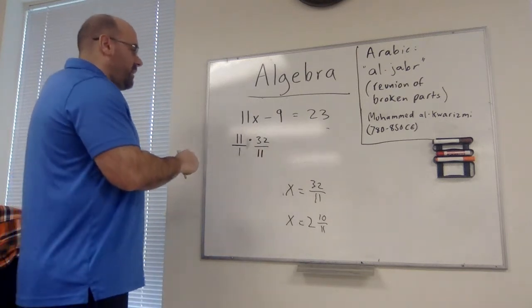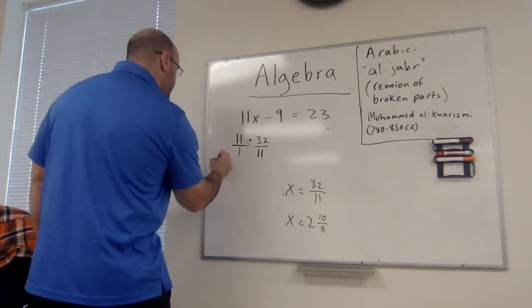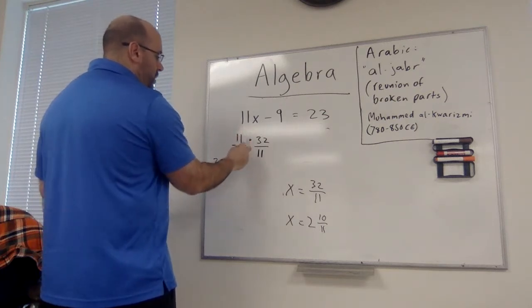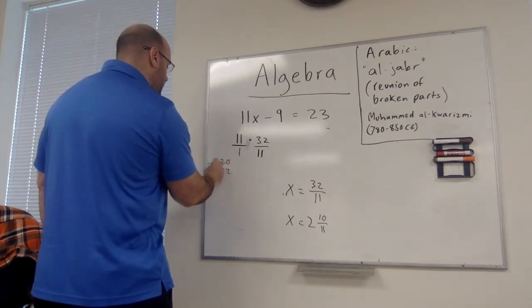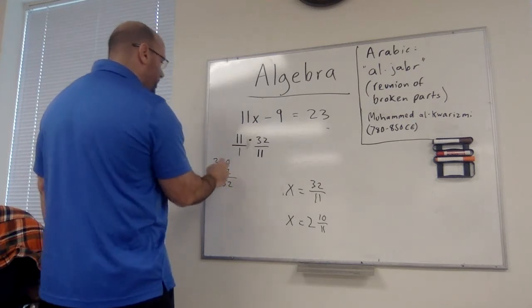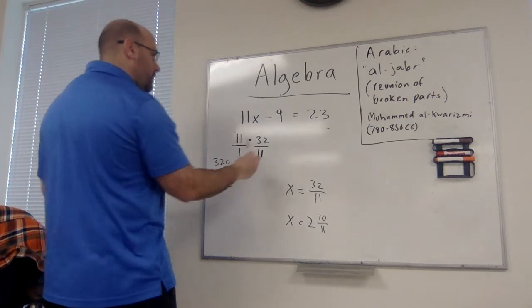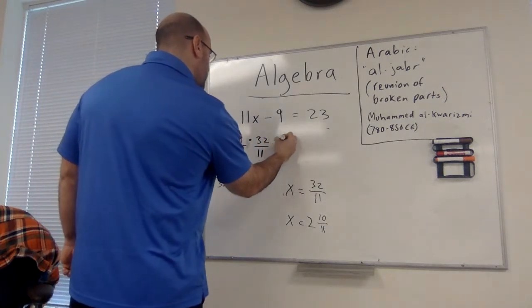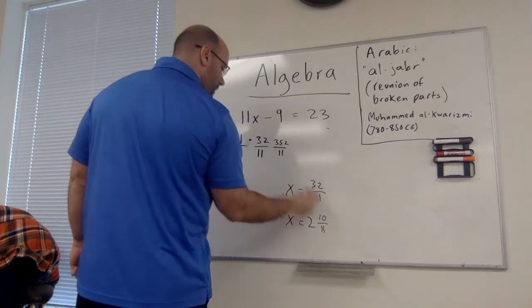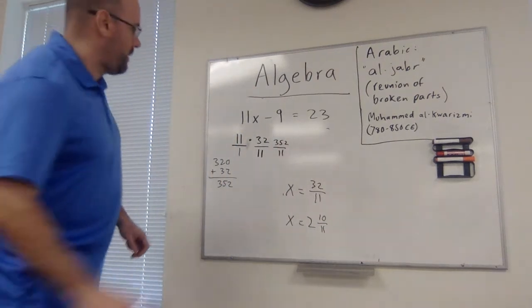Let's see what we get here. 32 times 10 is 320. 32 times 1 is 32. Add them together. I get 352 over 11.